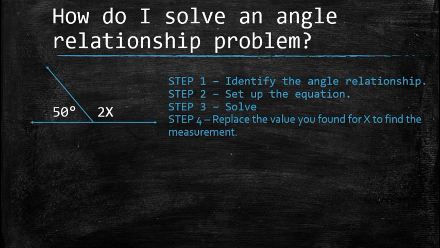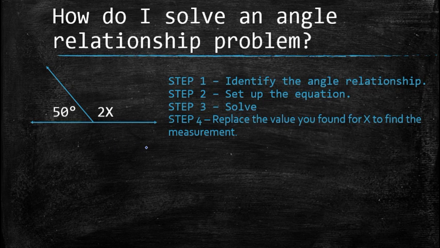So how do I solve an angle relationship problem? Well, step one is, of course, identifying the angle relationship. So let's look and see the information that we know here. We know that we have a straight line and we have two adjacent angles. And so the fact that we know that we have a straight line, we know that this is a supplementary angle and that it equals 180.